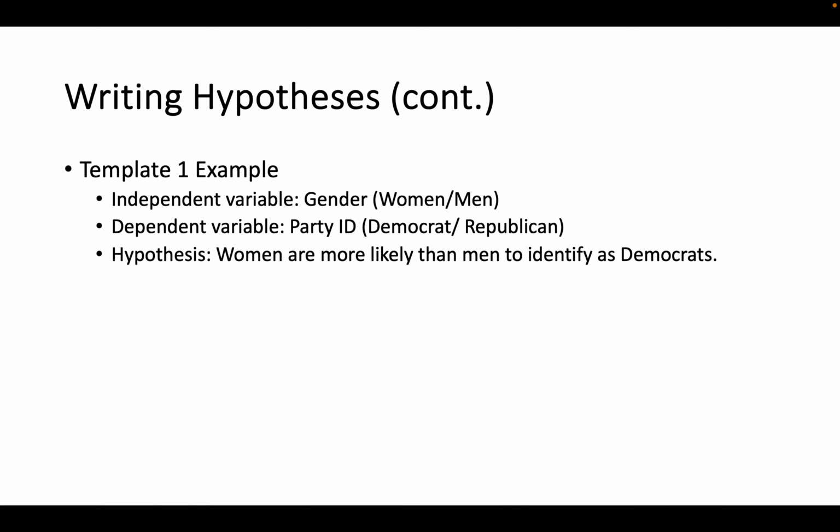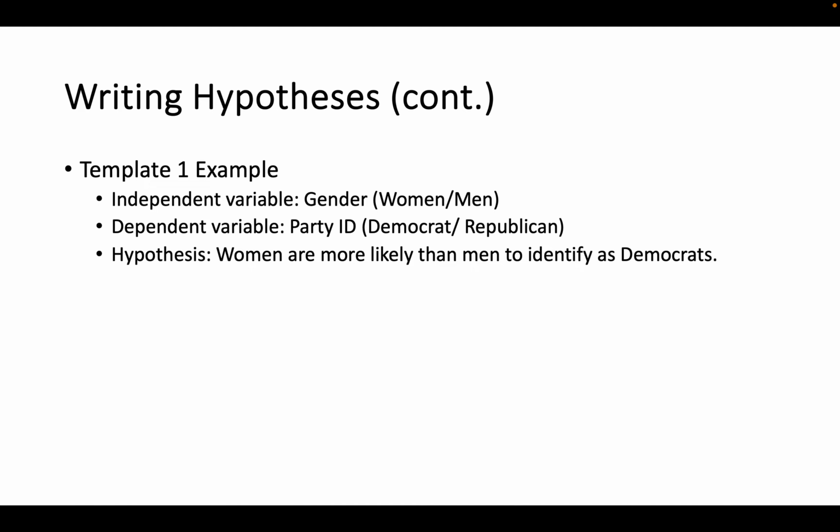So an example would be, as an independent variable, gender, identify as female, identify as male. Dependent variable, party identification, Democrat or Republican. And the hypothesis, women are more likely than men to identify as Democrats.